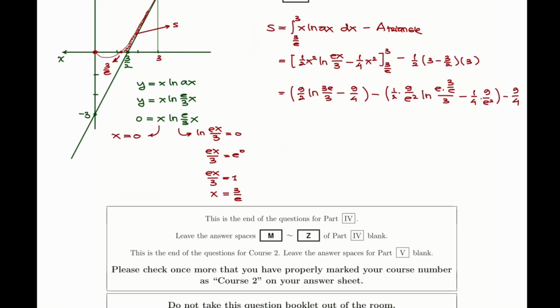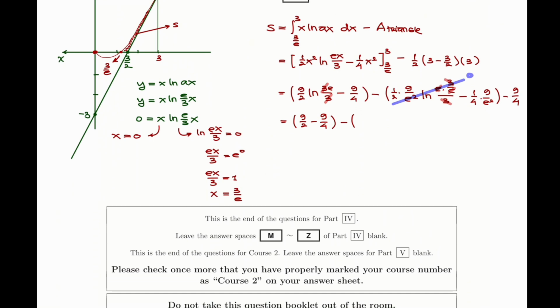If I simplify it, I got, cancel out this, 9 over 2 times ln e is 1, then 9 over 2 minus 9 over 4 minus, cancel out e, and then cancel out 3, you got ln 1 here, ln 1 is equal to 0, so forget this expression because it becomes 0.